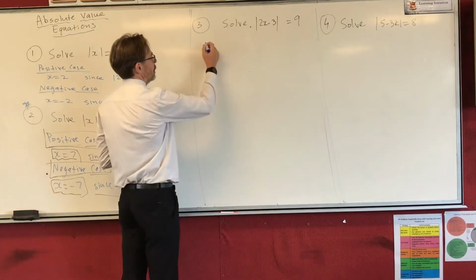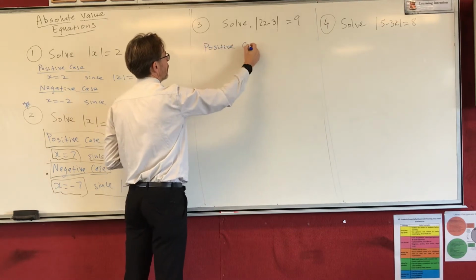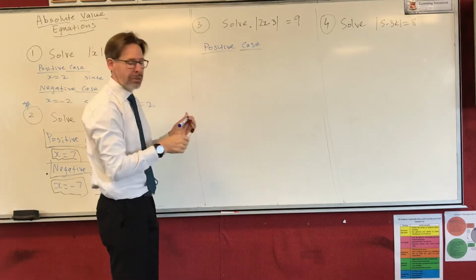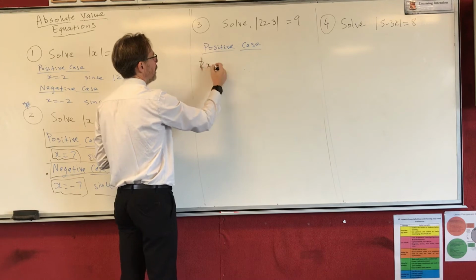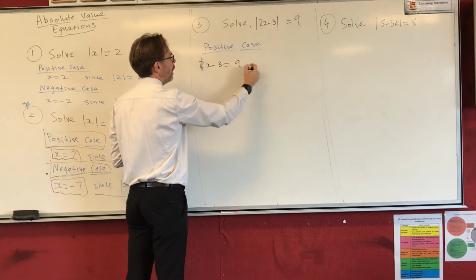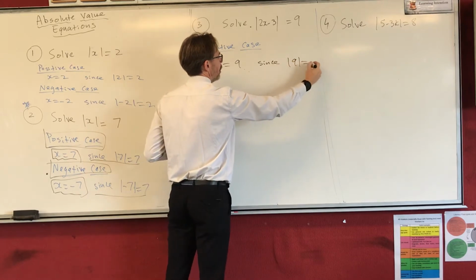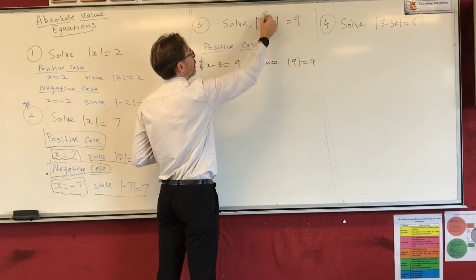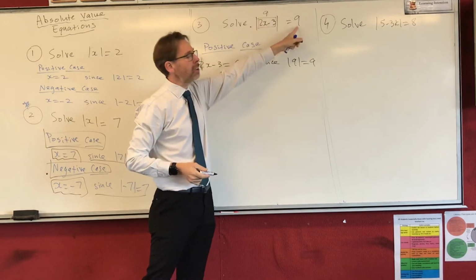Okay, we'll start off with the positive case. Positive case is 2x minus 3 could be 9, since absolute value of 9 equals 9. So this expression here could be equal to 9 because we know the absolute value of 9 is 9.